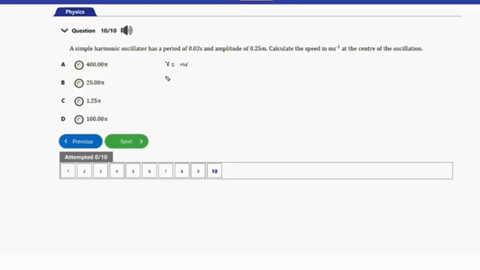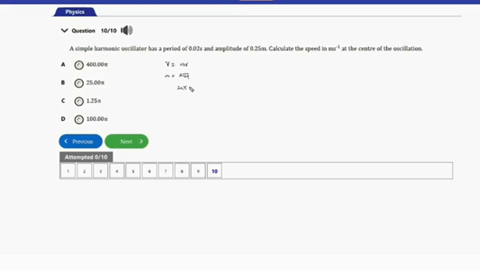So guys, for this, we are going to have that omega is actually 2 pi f. So if we want to find the angular speed, which is omega, we're going to use this formula, 2 times pi times the frequency here. Actually, the frequency is 1 over 0.02.